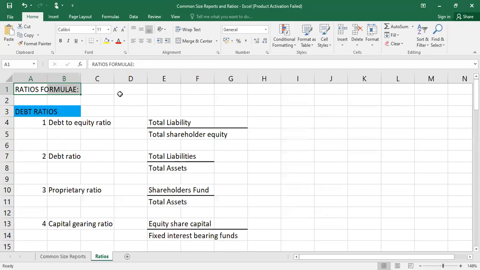It's a very small document, about 3 pages, with the theory versions of these ratios, and of course the formulae that I've summarized, and the possible interpretation for each type of ratio. I'm sharing it to your WhatsApp group very shortly.